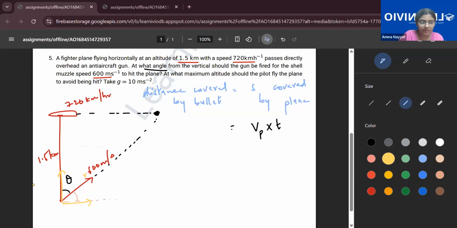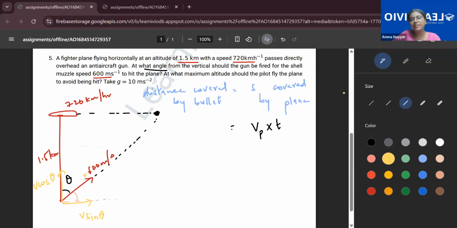Cos theta. Yes, it's V cos theta, because you don't see the x or y axis, you see where your angle is made. If your angle is made across the y axis, then you put that as cos theta. This is not fixed that we have to take sine or cos somewhere. And this becomes V sine theta.